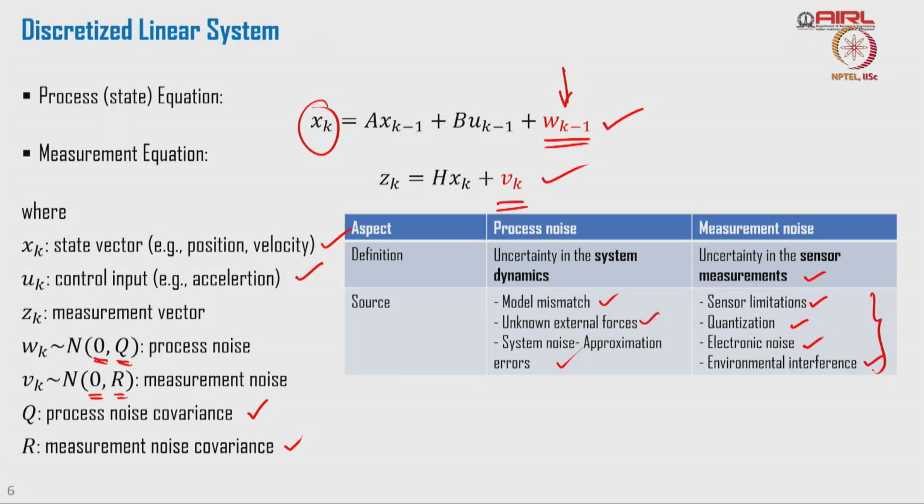These are the sources of measurement noise. So, when these things are there in the system, the Kalman filter can handle the state estimation or parameter estimation of linear systems in spite of all these noise components.